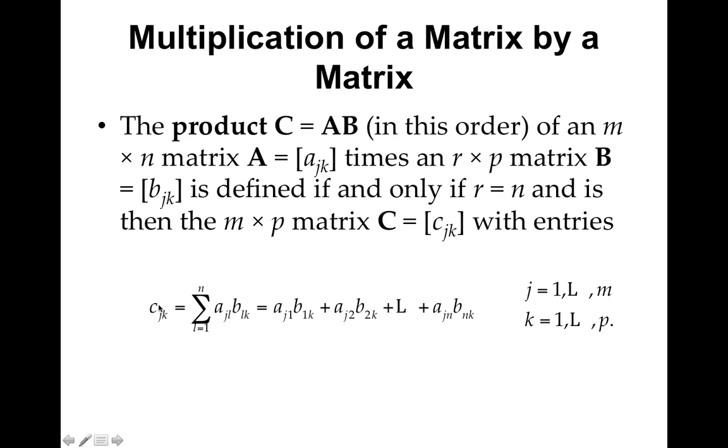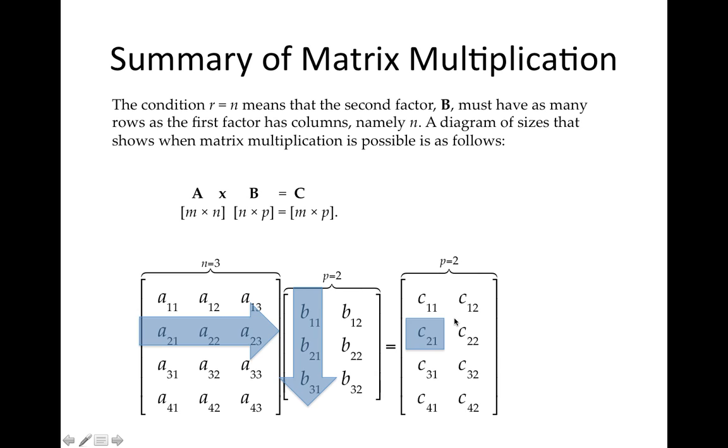So, for example, if we want C_jk, I'll show a picture of this that illustrates it a little bit better. If we want the jkth element of the product matrix, that would be the sum of A_j1 B_1k, A_j2 B_2k, and so on until you get to the nth element of A. So let me show you a picture that maybe illustrates it a bit better.